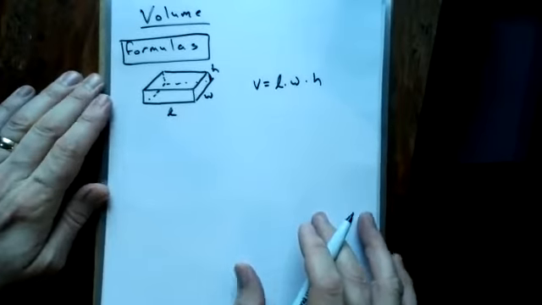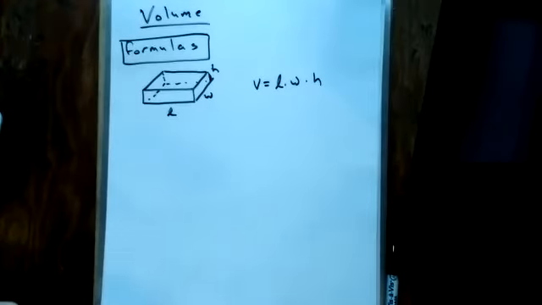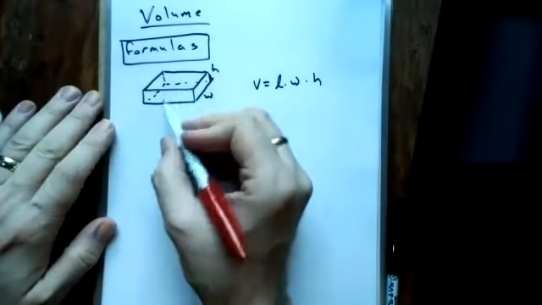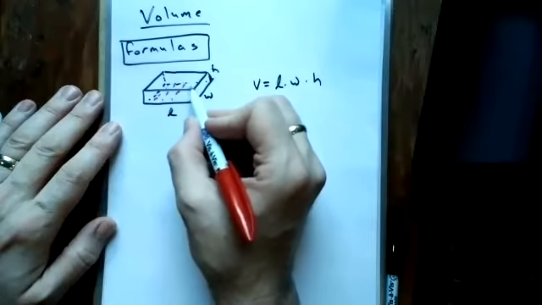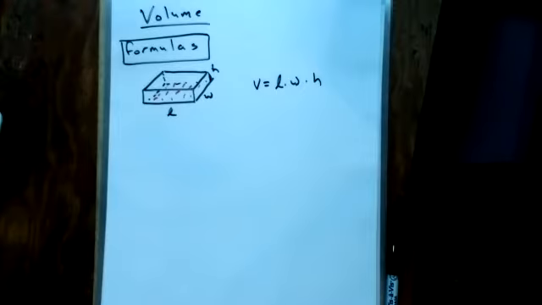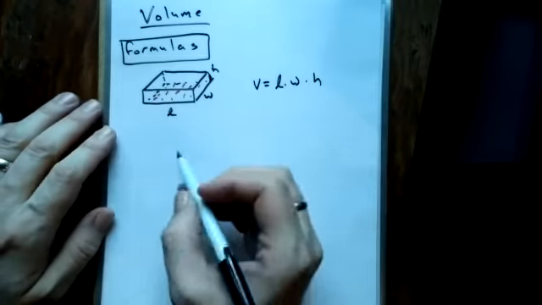Seems easy enough. But like I said, when we think about just taking any shape, that's the area of that base, and then just multiply it by a height, well, that makes things pretty easy.